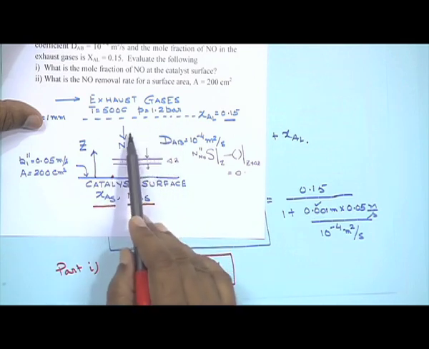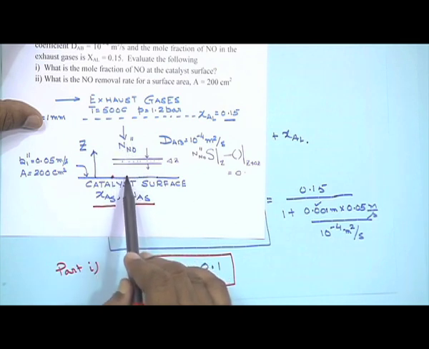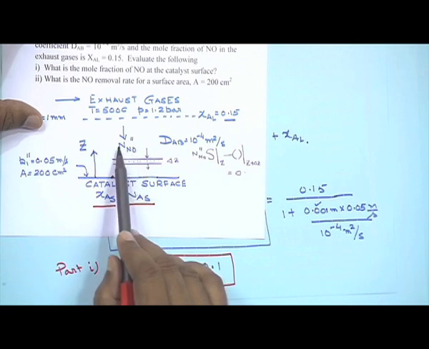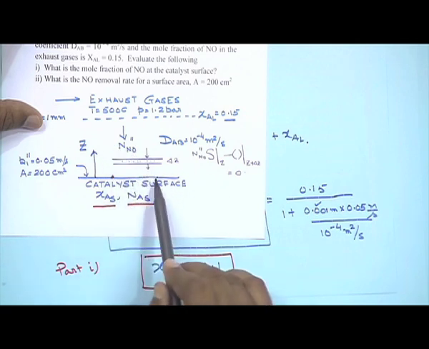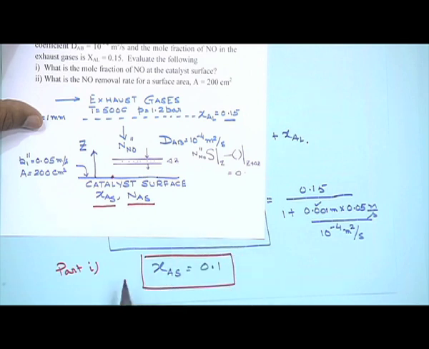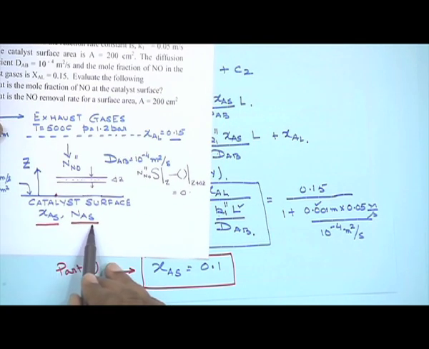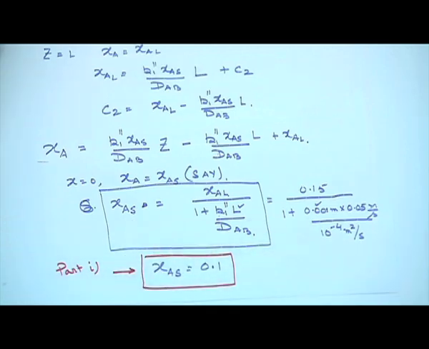Through this the diffusion starts, and when the reactants reach the catalyst surface, they get converted to a product which then diffuses back to the mainstream. At steady state this must be equal to the rate at which the reaction is taking place. So, the first part of the problem has already been evaluated, and now we should be able to find the expression and then the value of NAS.